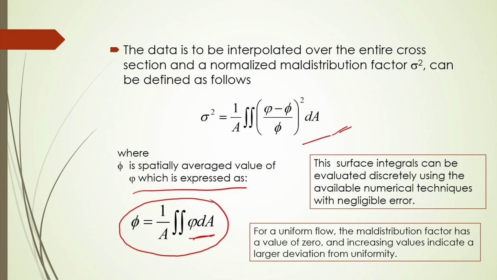So, you have to remember these things: if the maldistribution factor is coming to 0, then you can get that uniform flow.